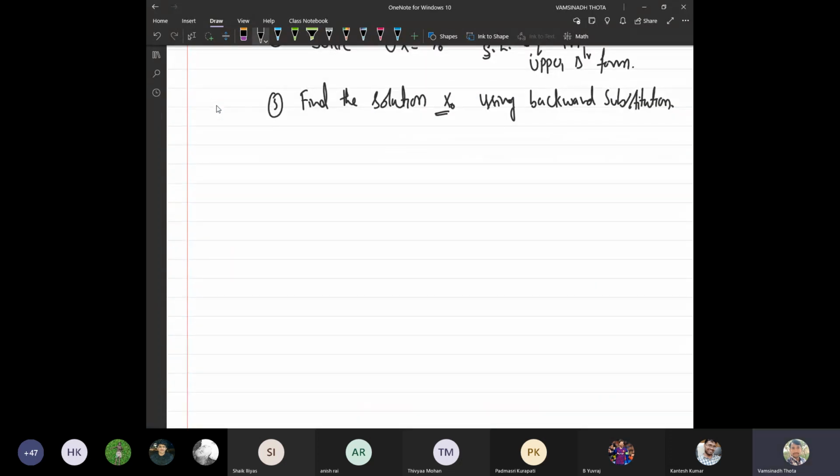But there are some sufficient conditions for which you can say that the LU decomposition exists, and there are some conditions under which the LU decomposition is actually unique. What are the sufficient conditions? We will see in tomorrow's session. But first, let us look into the method. Let me start with some example actually.